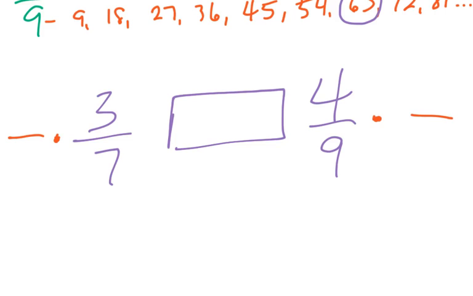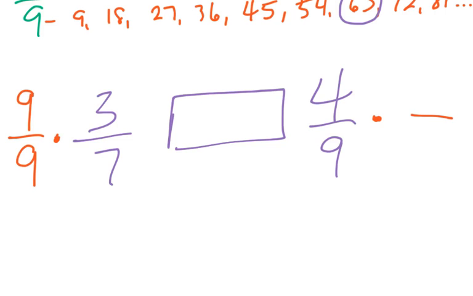So how can I turn 7ths into 63rds? Well, to turn 7ths into 63rds, I have to multiply my denominator and my numerator both by 9, because 9 times 7 is 63.